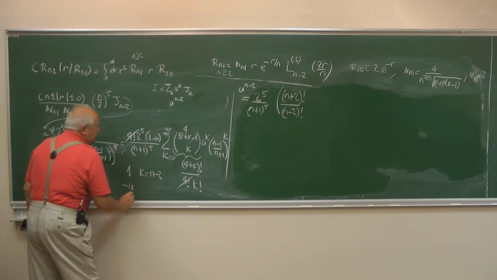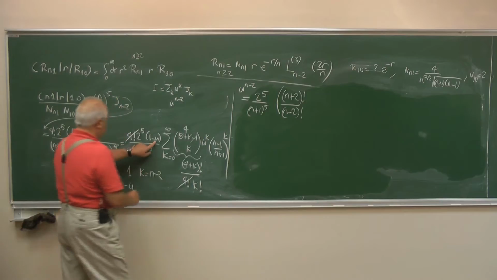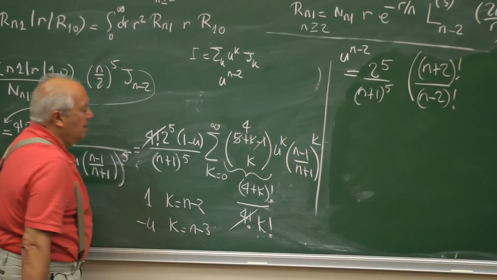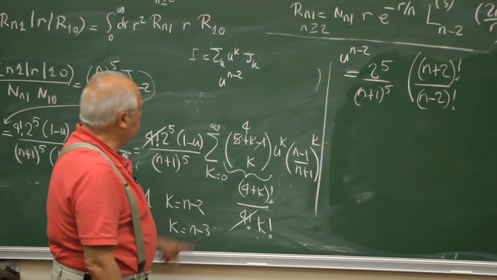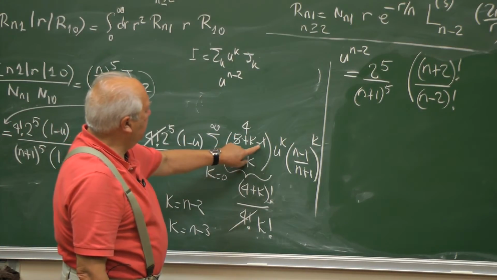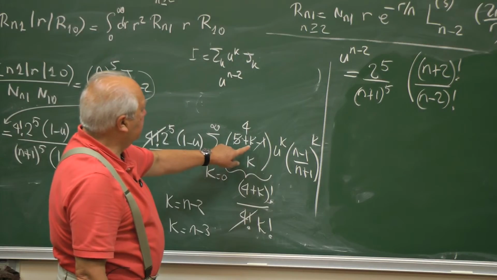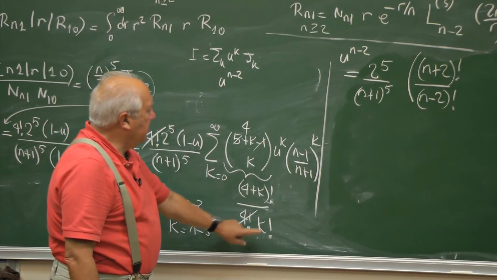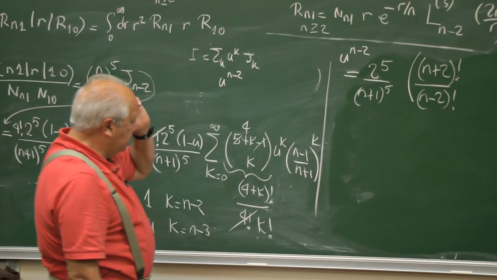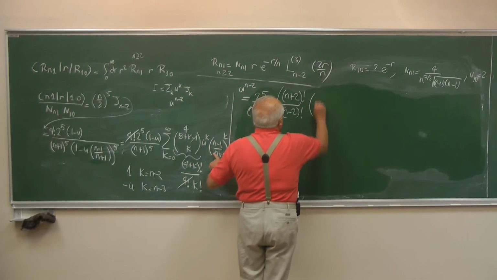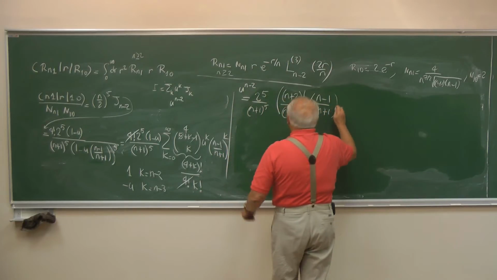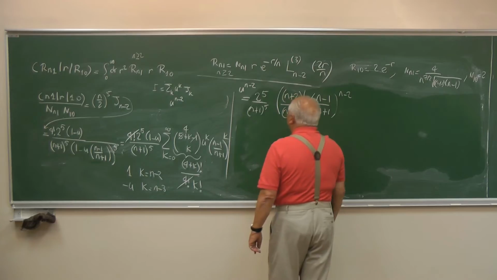When multiplied with minus u, k will be n minus 3. So when k is n minus 2, 4 plus n minus 2, that's n plus 2 factorial divided by n minus 2 factorial times n minus 1 over n plus 1 to the power n minus 2.